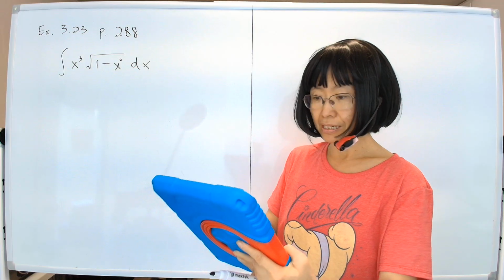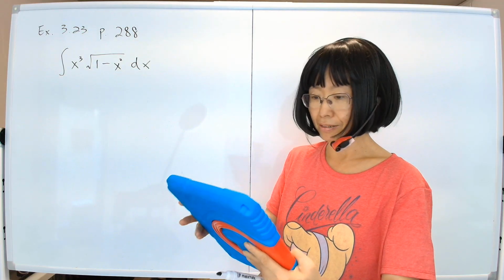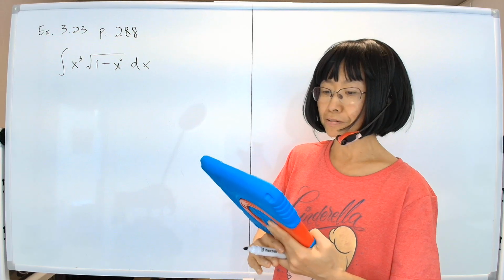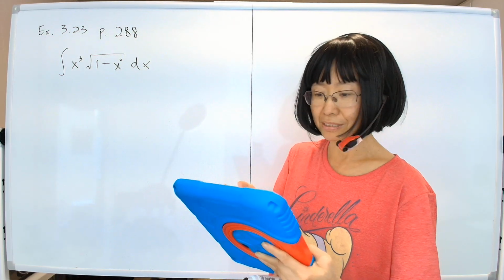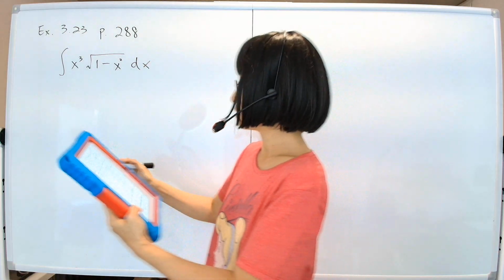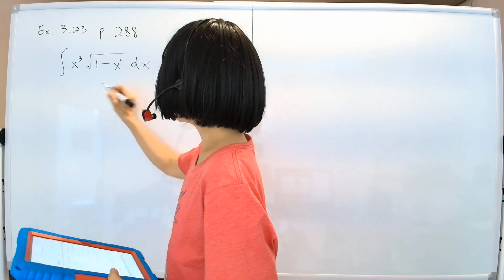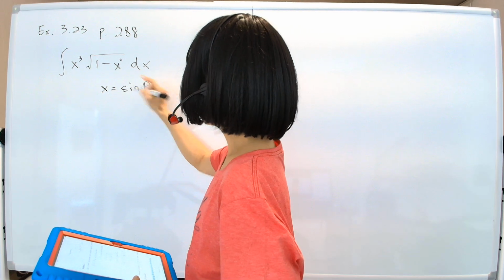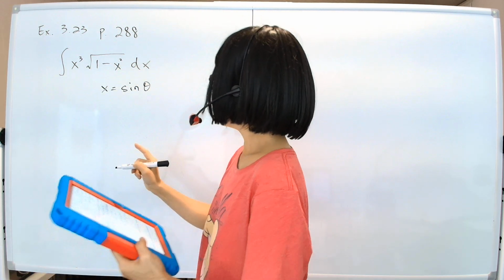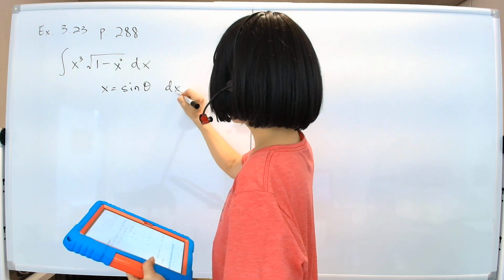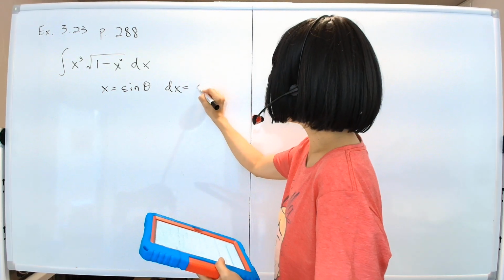But we will proceed to the second method, which is instead of using the u-substitution that we already know, we're going to use the new trick that we recently learned, the trigonometric substitution. In that case, as before, we let x equal sine theta, since a is 1 in this case, and then of course dx equals cosine theta d theta.